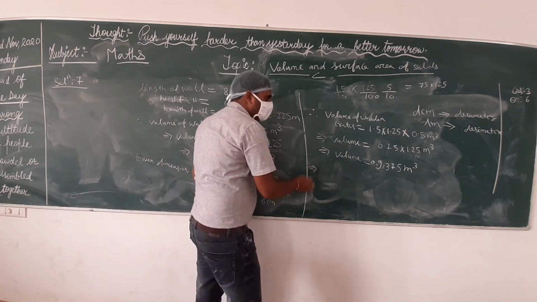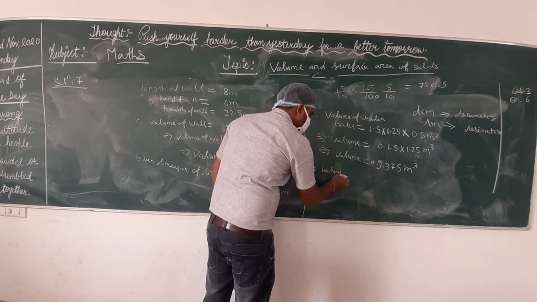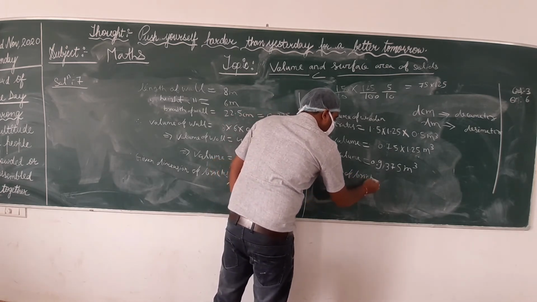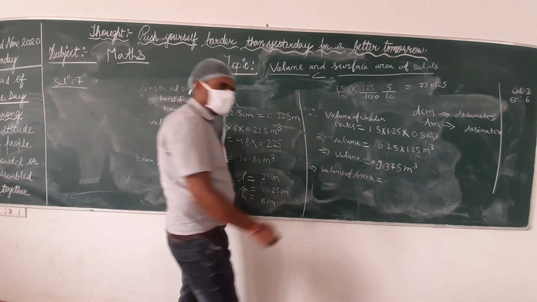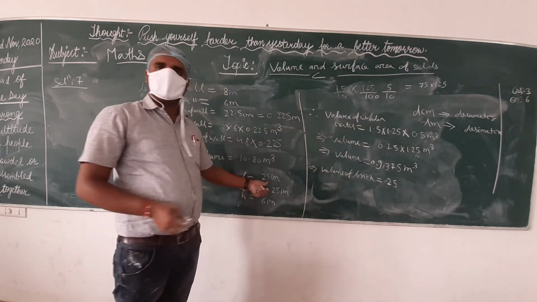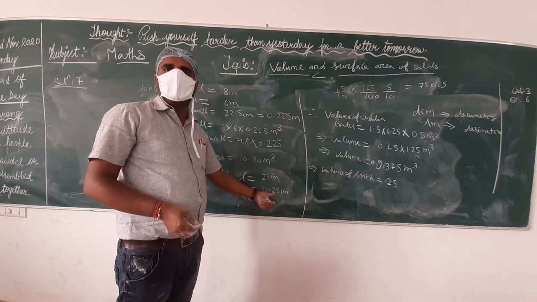This implies that the volume of a brick equals what? 0.25. We have to convert into meter. 11.25 becomes 0.1125.